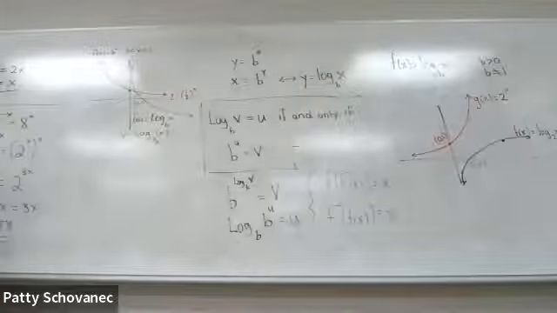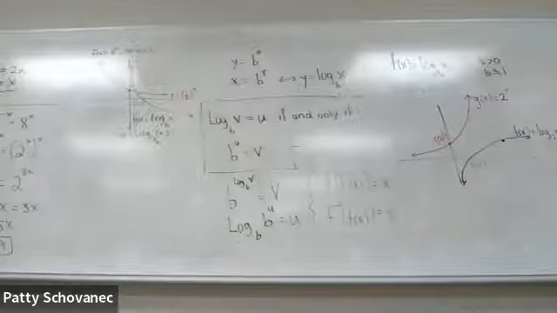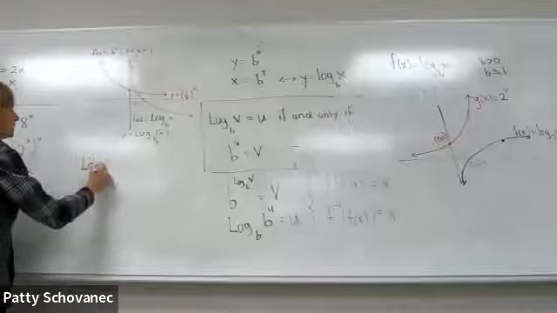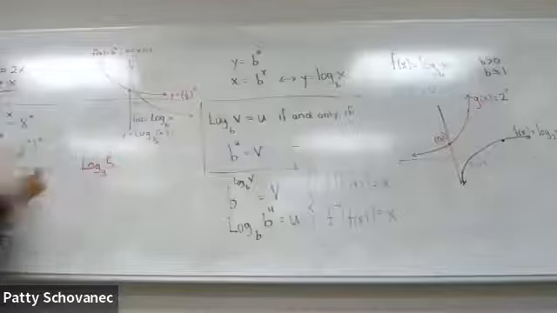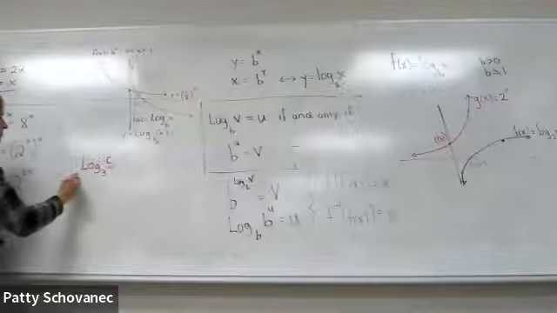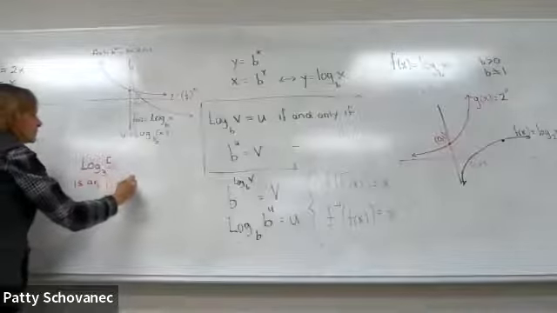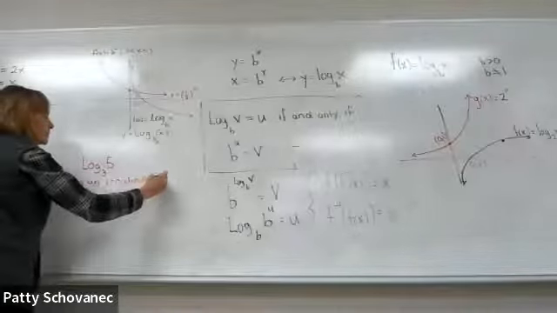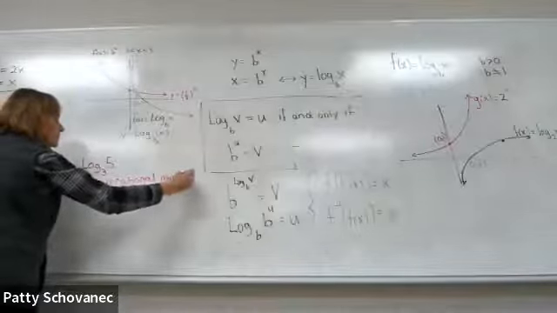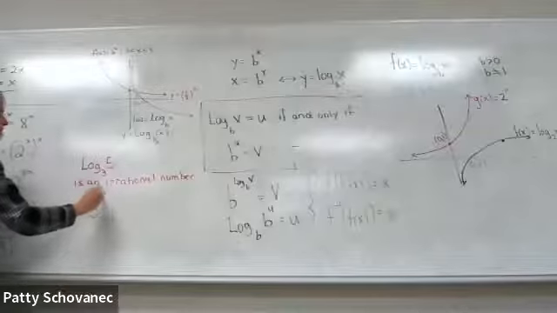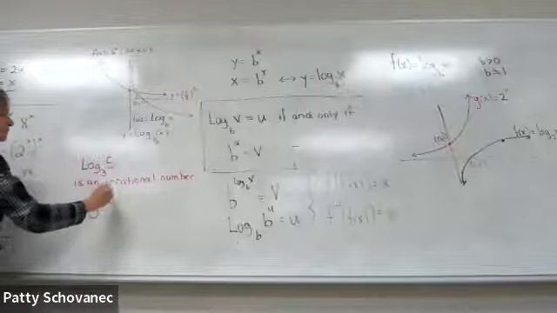Now, a minute ago, I got as the value of the exponent log base 3 of 5. Right, so log base 3 of 5 is some irrational number that acts as the exponent on 3 to give me the number 5.